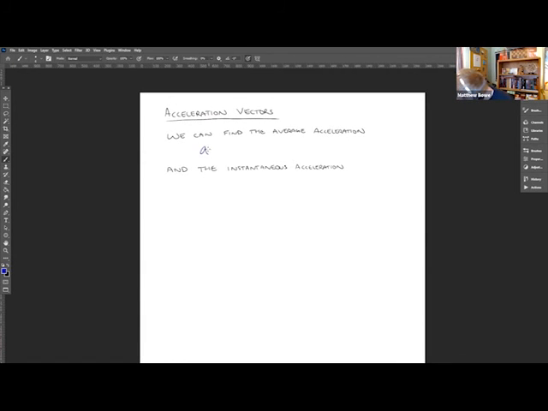So if you have average acceleration, this is going to be in multiple dimensions. So I'll just have it as a average is equal to the change in velocity over the change in time. Where there's an average acceleration, there's an instantaneous acceleration. So what is the acceleration at a given specific moment?